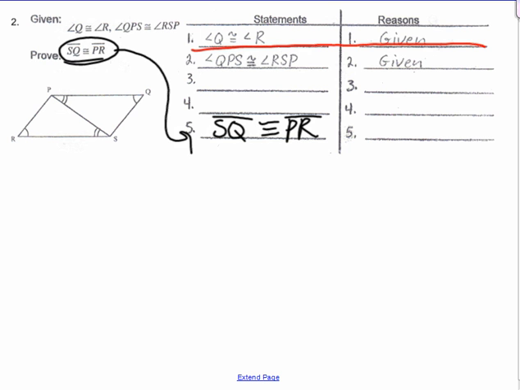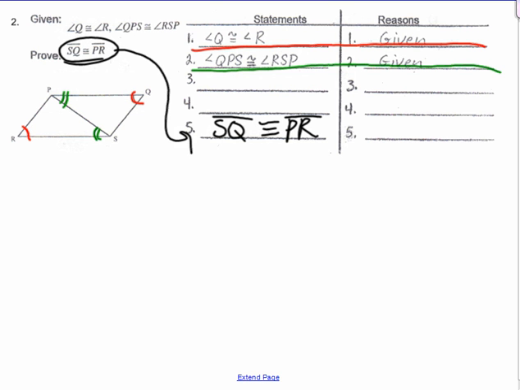Angle Q is congruent to angle R. So that's a congruent part. Now that I have another congruent part, I can move on to green, which is another congruent part. So I have angle QPS congruent to angle RSP. So I have those two. Great.